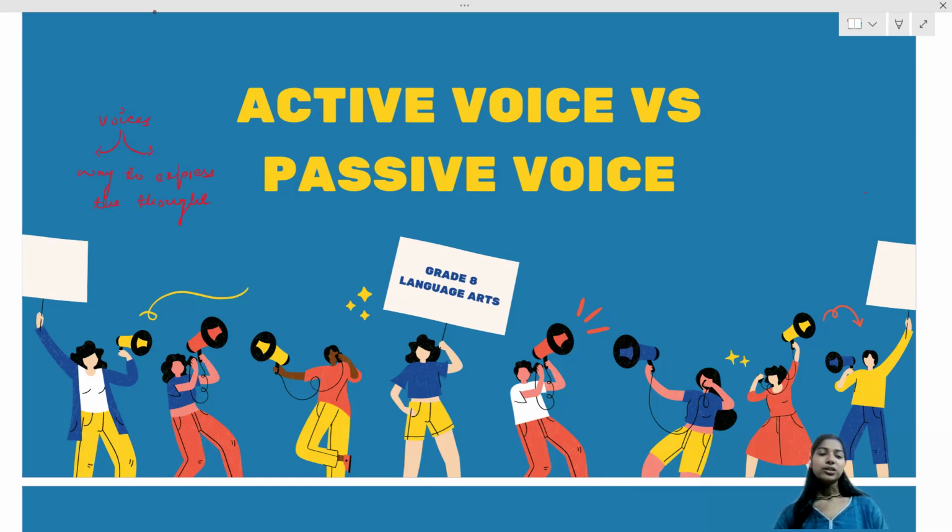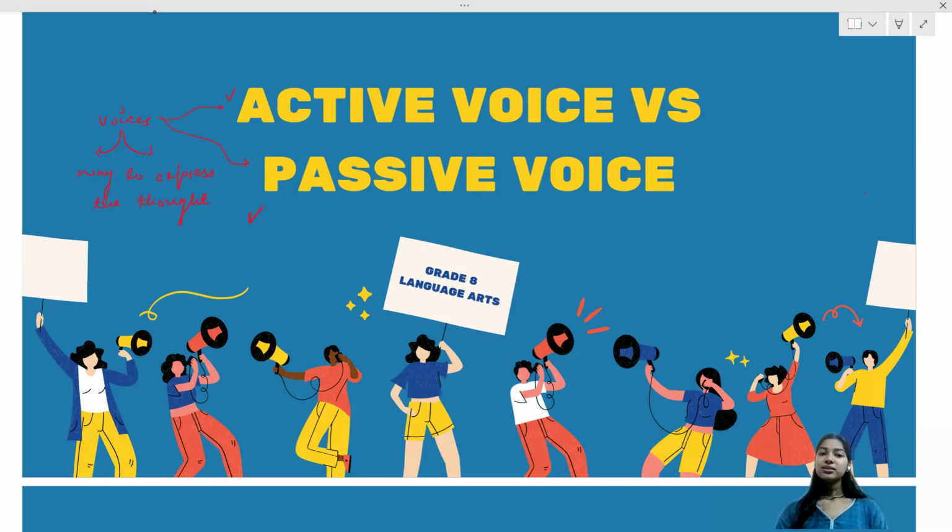Now, voices have two types. One is active and the other is passive. When you say active voice is correct, passive is not incorrect. And when you say passive, active is not incorrect. Both of them are correct ways of expressing a sentence.